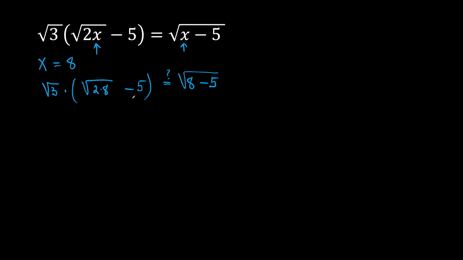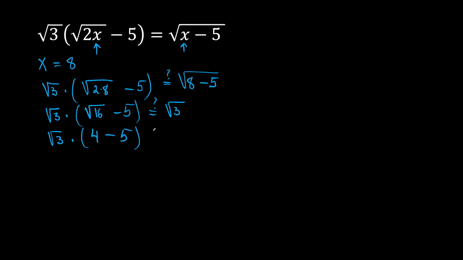Now we're just doing the calculation. Square root of 3 times 2 times 8 is square root of 16 minus 5. Is it equal to 8 minus 5 is 3, so we'll have square root of 3. So square root of 3 times square root of 16 is 4, so we have 4 minus 5. Is it equal to square root of 3?